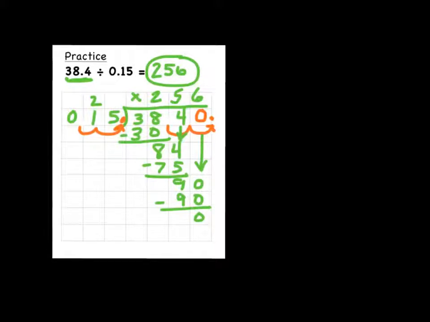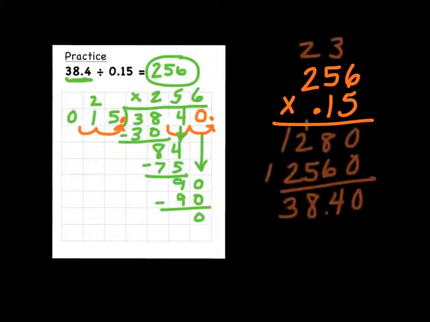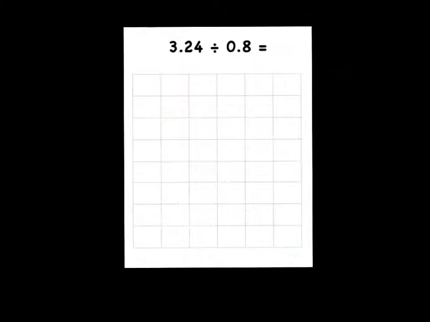So that would be 256 multiplied by 0.15. The result, or the product, should be my original dividend. After I multiply them, I do get my answer of 38.40, which is equivalent to 38.4. So I know that my answer is correct.